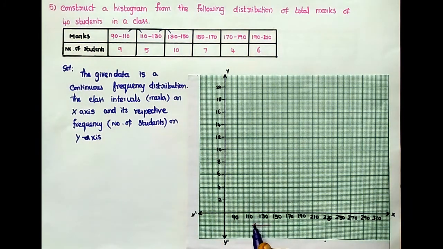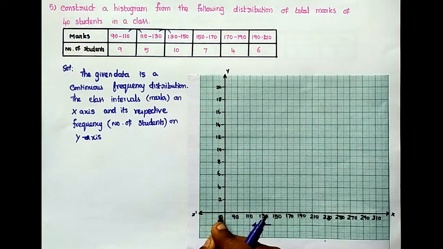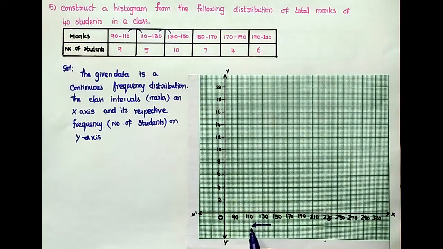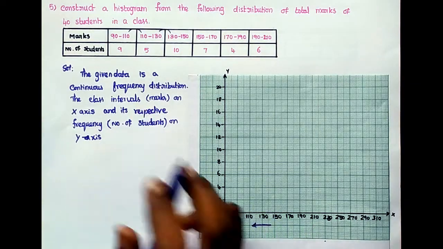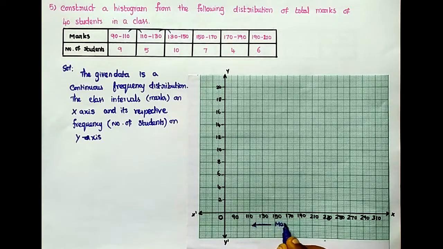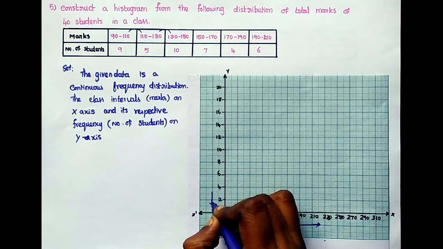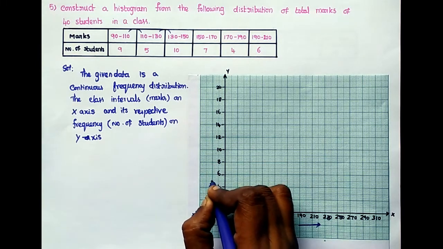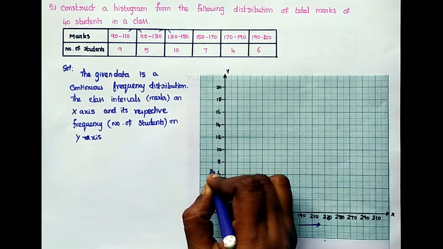Now write down, here is the origin, and the x-axis denotes the marks, and the y-axis denotes number of students.